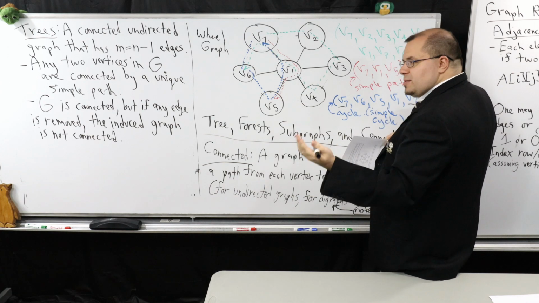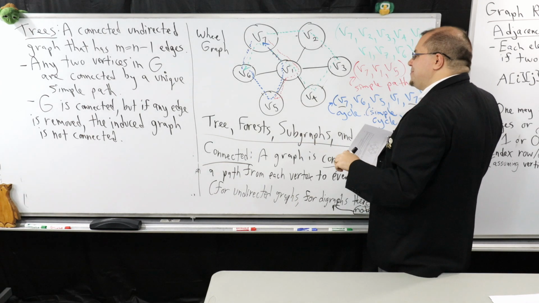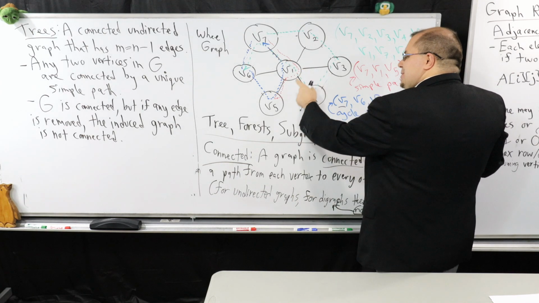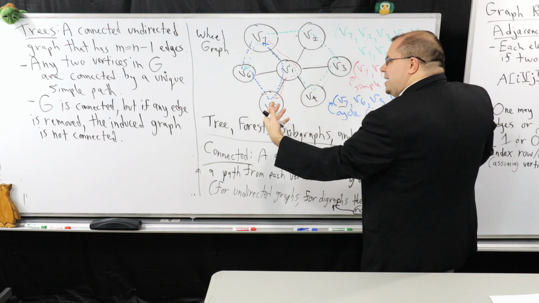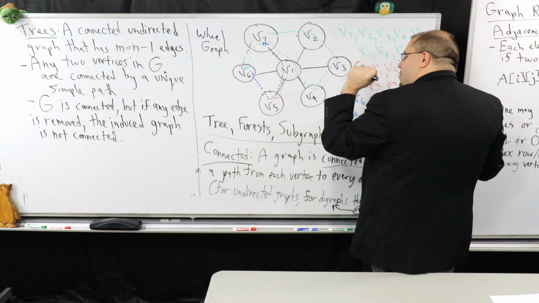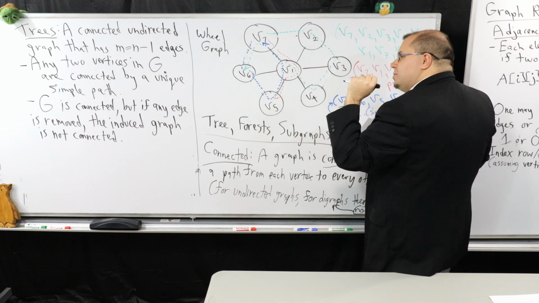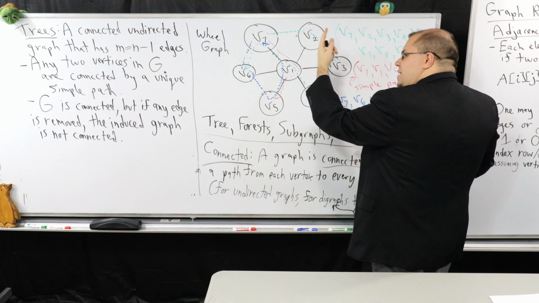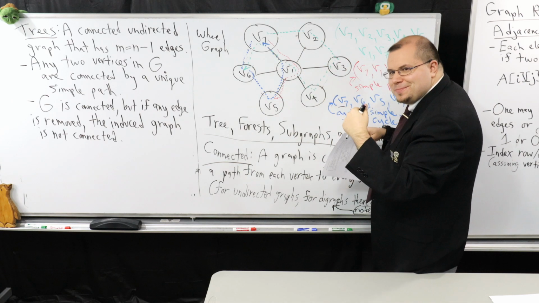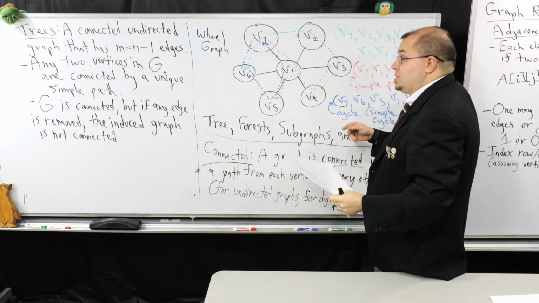If I go back to my example I had before, remember, if I have it so that I can remove any one edge, you'll notice that I no longer have a path from one vertex to every other. That's a characteristic of a tree.